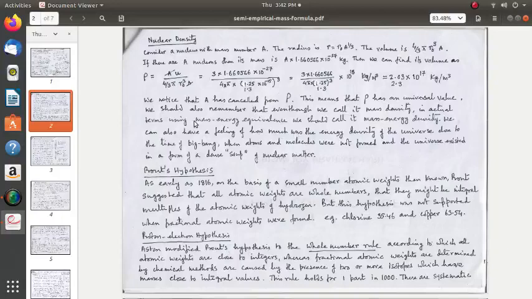Mass energy equivalence. We can also have a feeling of how much was the energy density of the universe when the universe was near the Big Bang, when the atoms and molecules were not formed, and the universe existed in the form of a very dense soup of nuclear matter. So the whole universe was consisting of nuclear matter, and the size of the universe was much smaller.